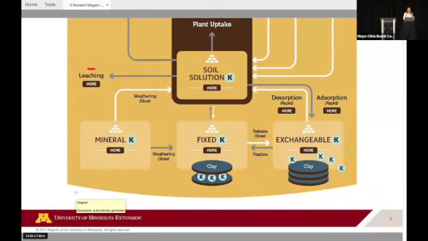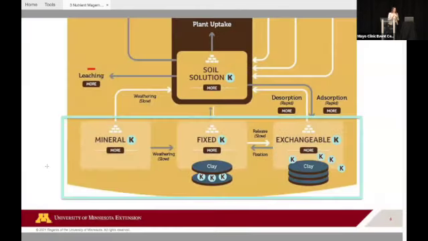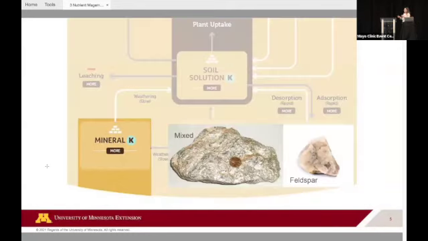But when we talk about mineralogy, we have to focus on our mineral fractions in the soil, which are our mineral K, our fixed potassium, and our exchangeable potassium. When I say mineral potassium, you can think of the actual minerals in the soil that are very tightly bound. This is not readily available to the plant. It weathers very slowly, and as chemical processes happen over decades and hundreds of years, those mineral pieces break down and release potassium.